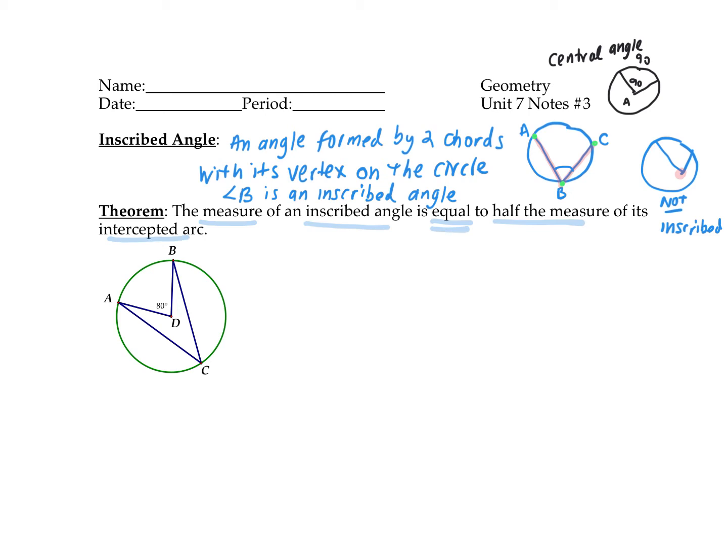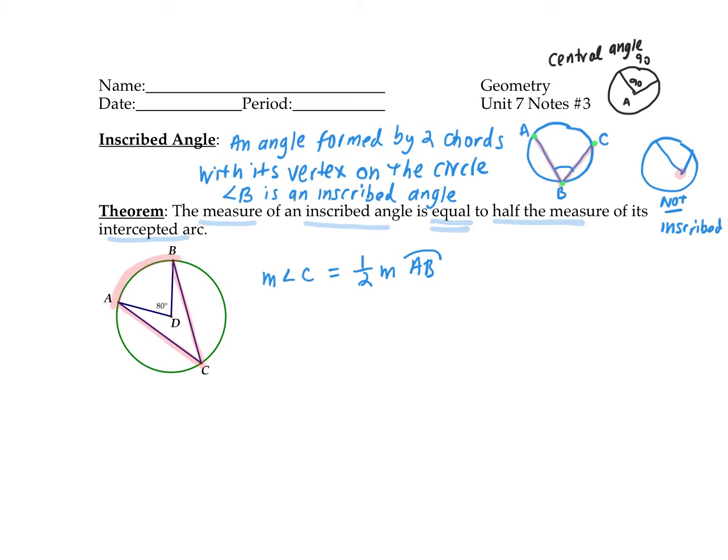If you trace out the sides of an inscribed angle, the intercepted arc is the arc that it cuts off on the circle. In this example, the measure of angle C is equal to 1/2 the measure of arc AB.